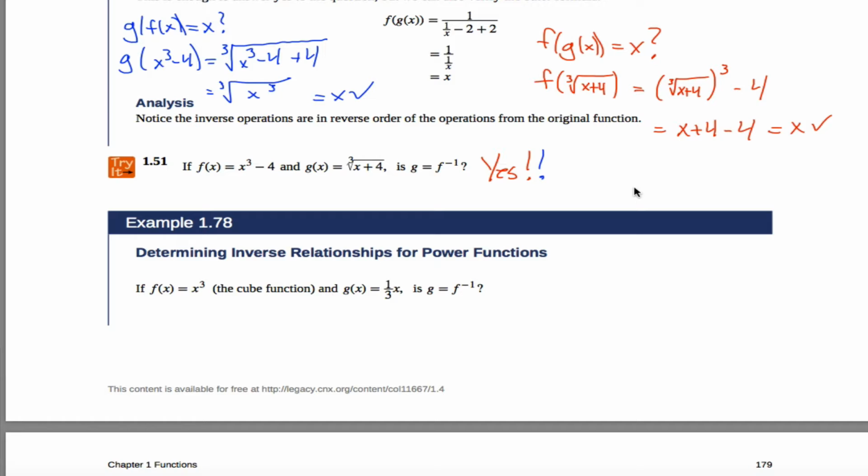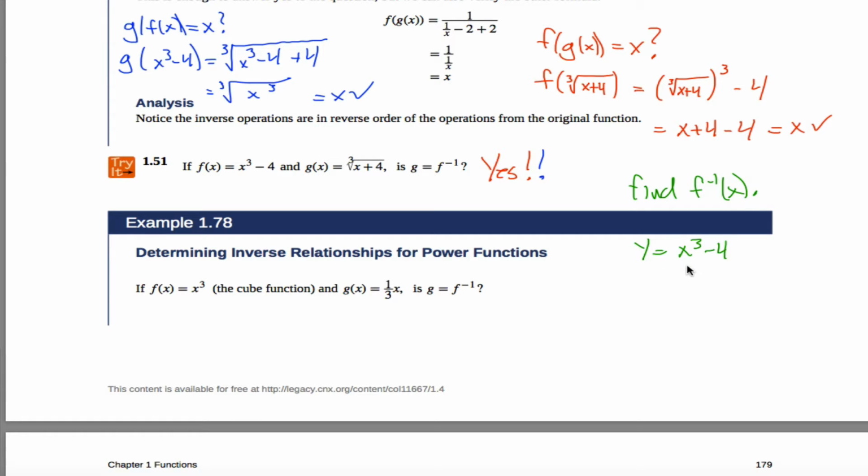You could have said, rather than recopy what's written right here, let's just find f inverse of x. See if that really is equal to this. Well, the way I do that is my first step is I change f of x into a y, so I got y equals x cubed minus 4.